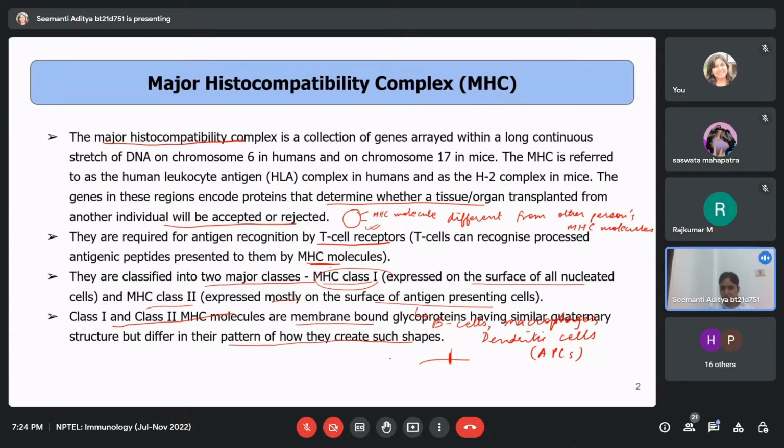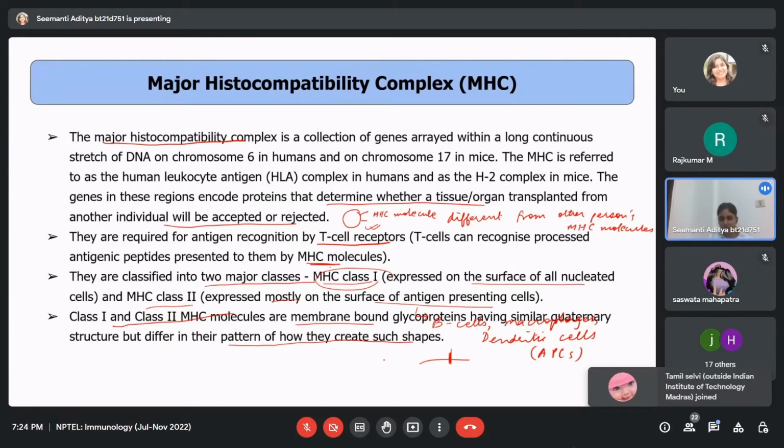So we know about the primary, secondary, tertiary, and quaternary structure of proteins. These are formed by different protein foldings. Primary is basically the peptide sequence. Secondary is just alpha helix or beta sheets. Then comes the tertiary structure where there will be some kind of folding.